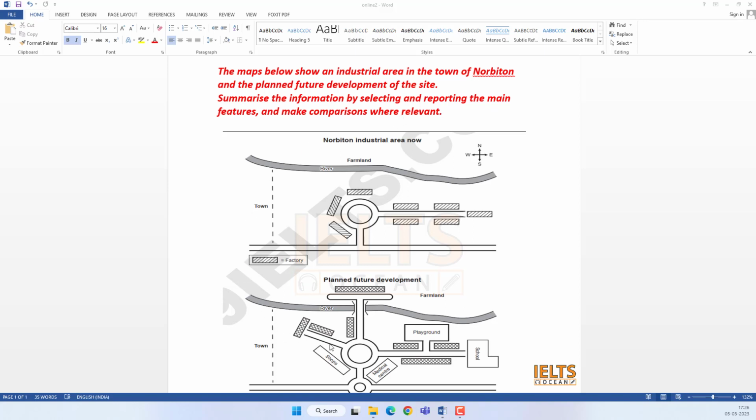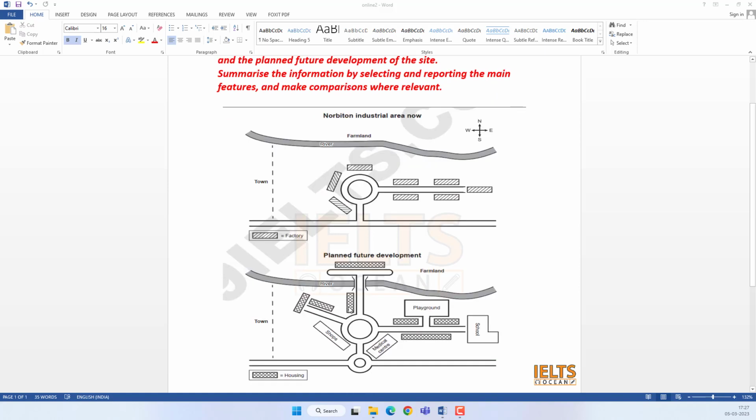So here you can see there are two maps, and one is the current map of the town Norbiton, and the other one is the proposed development plan for the future. Whenever you find any map in the IELTS writing, you have to thoroughly go through the map so that you can find similarities if there are two maps.